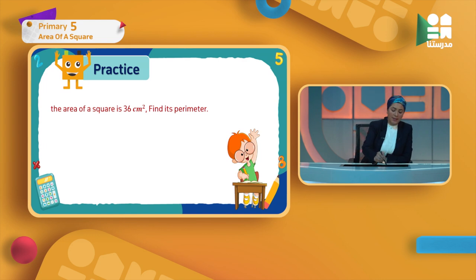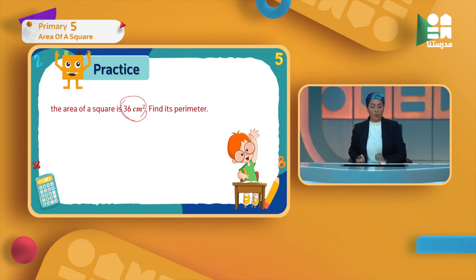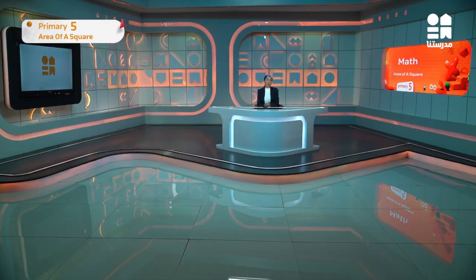Again, أنا عندي هنا الاريا 36 centimeters squared and I want to find its perimeter. طيب to find its perimeter لازم يكون عندي side length لأنه الرول بتاعت البارامتر as we said before is s times 4 or side times 4. طيب أنا إزاي أقدر أحصل على السايد length ده وهو مش موجود عندي؟ أنا عندي الاريا. It will help me to find the side length.